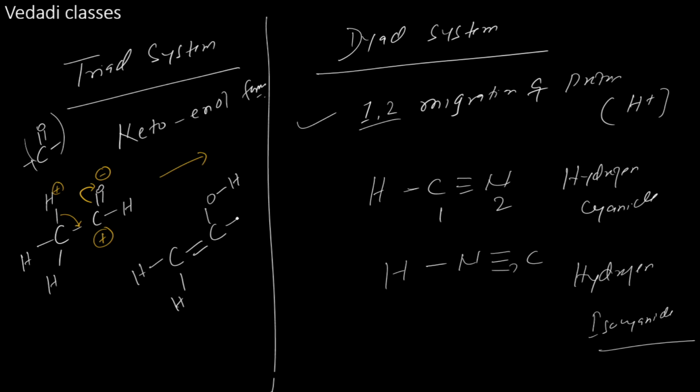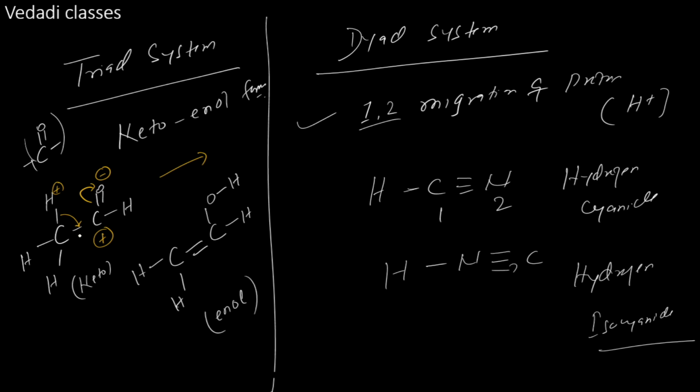So this is the structure. Since the earlier structure has C=O, it is the keto form. This structure has a double bond, ene, and OH, so this is the enol form. This is known as the keto-enol form.